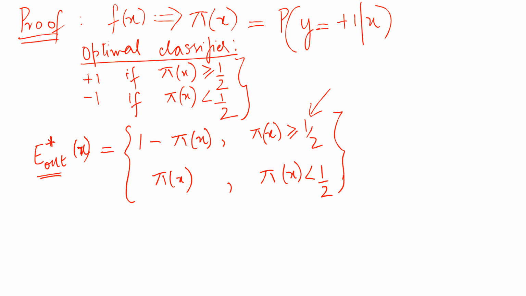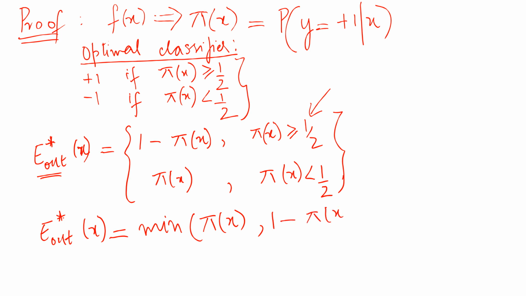To capture both scenarios, we can convert this to a more concise statement: E out star of x is nothing but the minimum of pi of x and 1 minus pi of x.